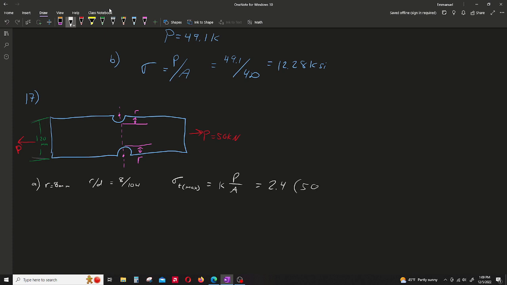We got 50,000 newtons here for that. Divide that by A, which we didn't really do yet, so let me grab A here, which would be the 13 times 120 minus 2 times 8.